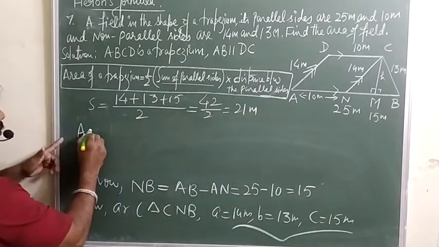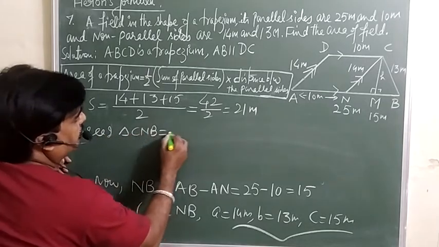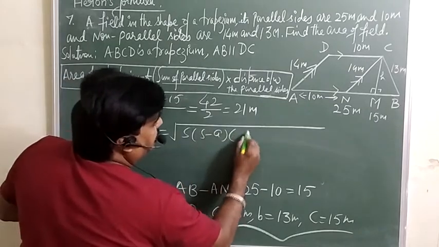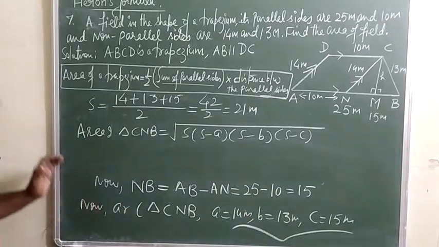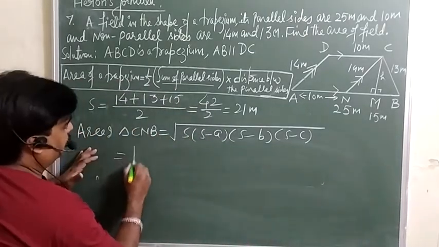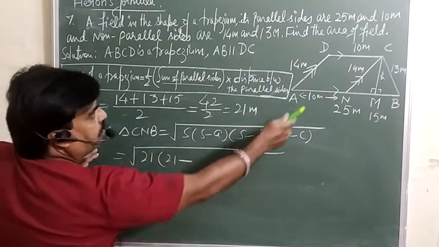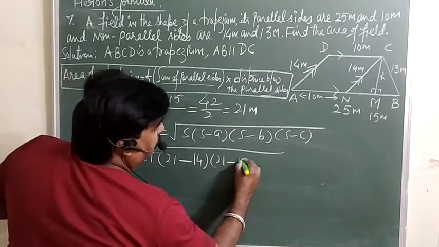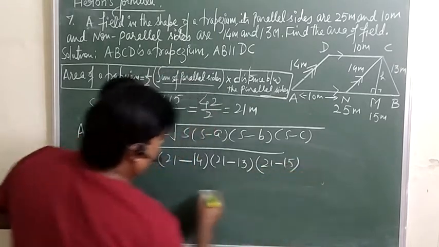Now the area of triangle C and B by Heron's formula is root of S into S minus A, S minus B, S minus C. So this is under root S, 21, into 21 minus A, we assumed 14, 21 minus B, 13, 21 minus C is 15. Solve this one.